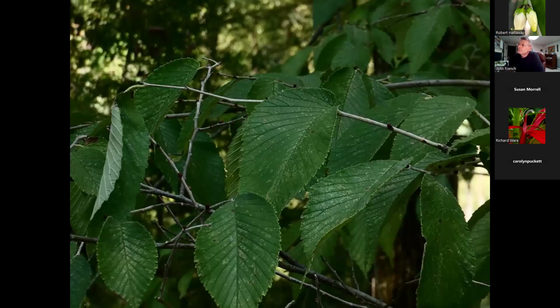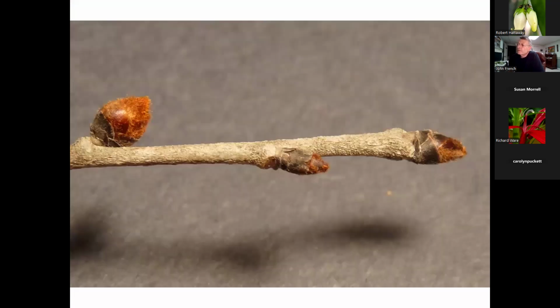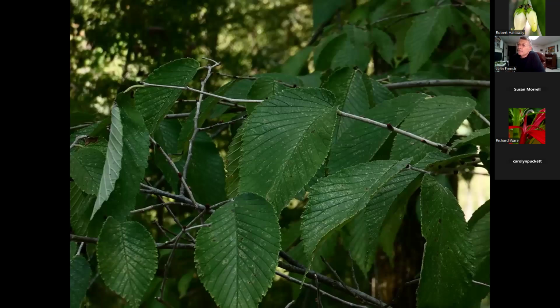This shows twigs, alternate leaf arrangement. Leaves are also all in one plane, two ranked, but I can't see it too well on this one. Also, notice the doubly dentate margins. That's key to Fagus grandifolia.